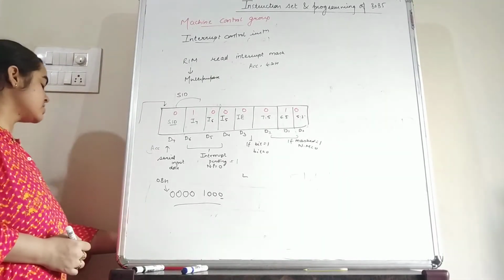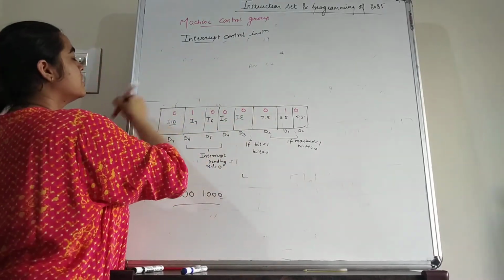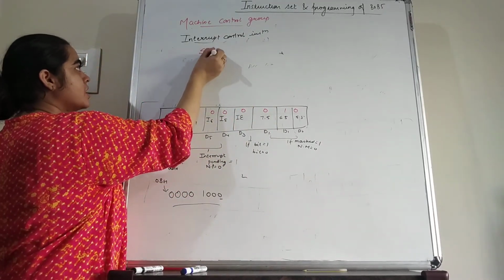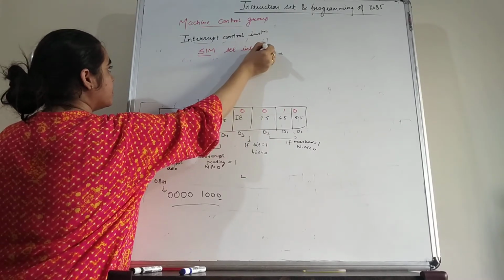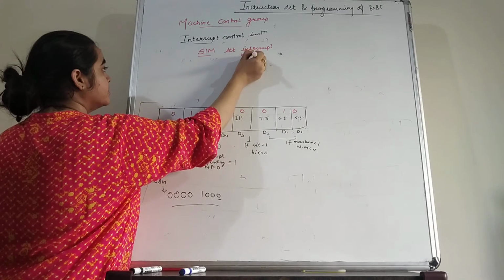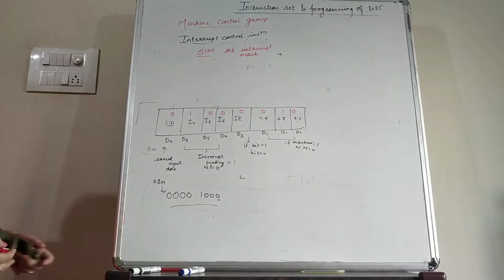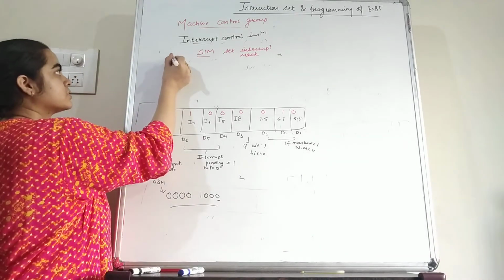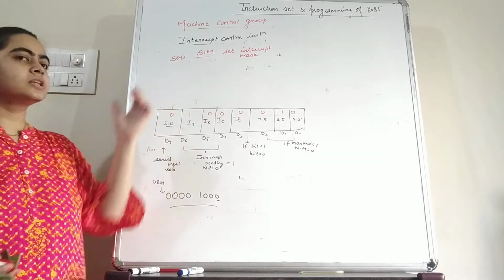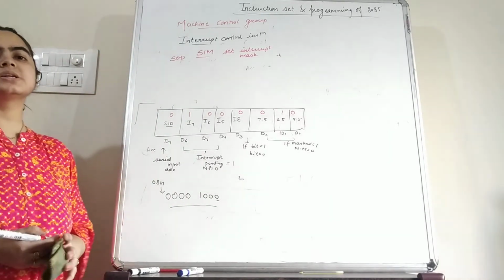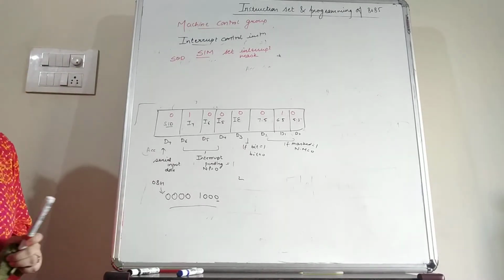After this, the next instruction we have is the SIM instruction. Students, the SIM instruction is a multi-purpose instruction that stands for set interrupt mask. This instruction works with SOD, that is serial output data. Using this instruction, the microprocessor can send data to the peripheral devices in serial order.